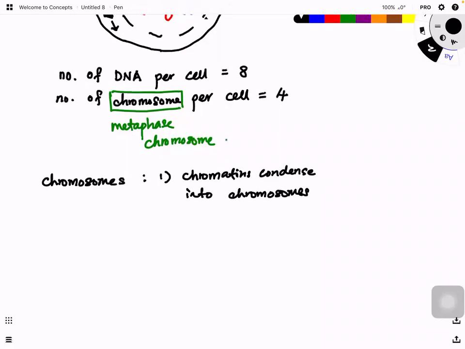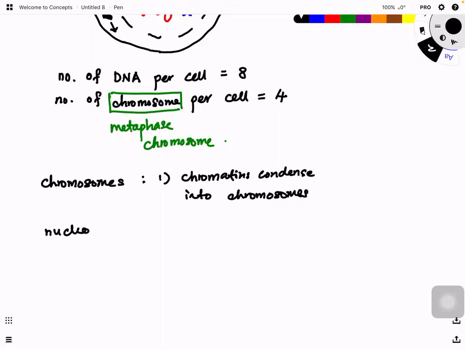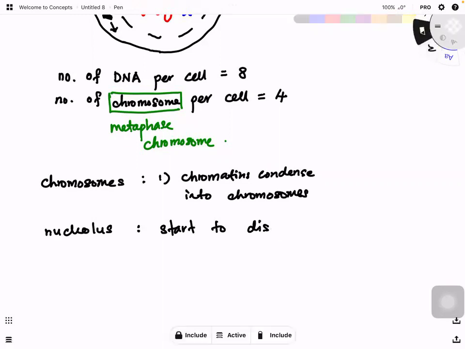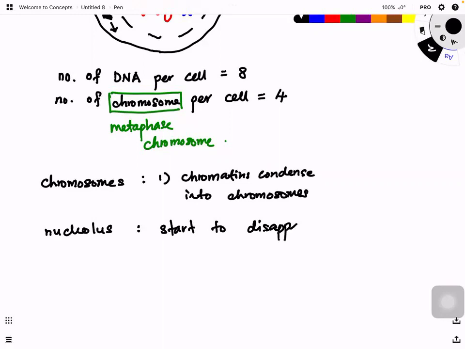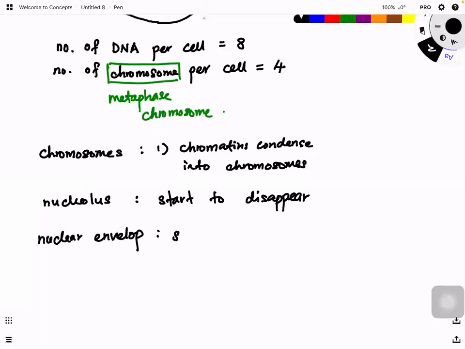Okay, now how about nucleolus? It starts to disappear. How about nuclear envelope? The nuclear envelope now starts to be disintegrated.